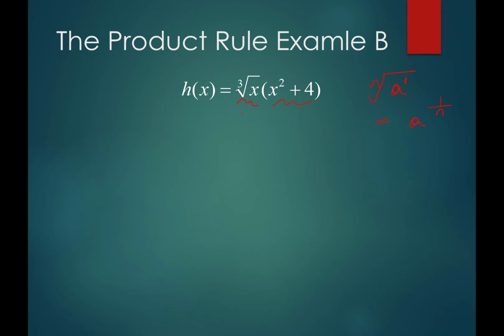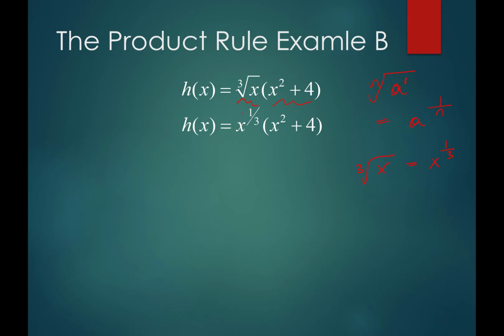So I have a to 1 over n. So I'm going to change the cube root of x to x to 1 over 3. With that being our case, this is what the expression becomes.